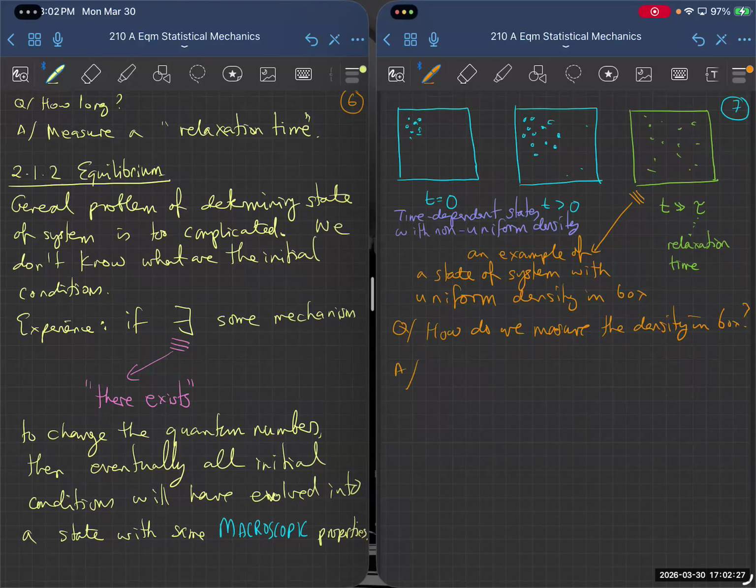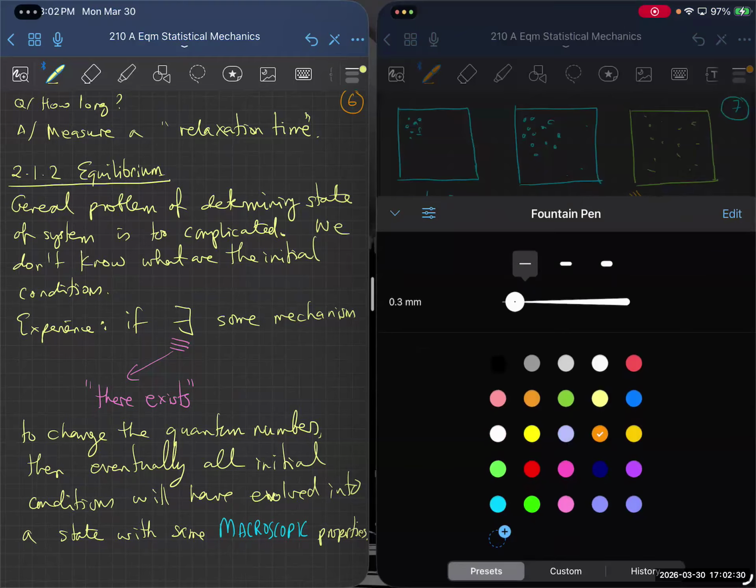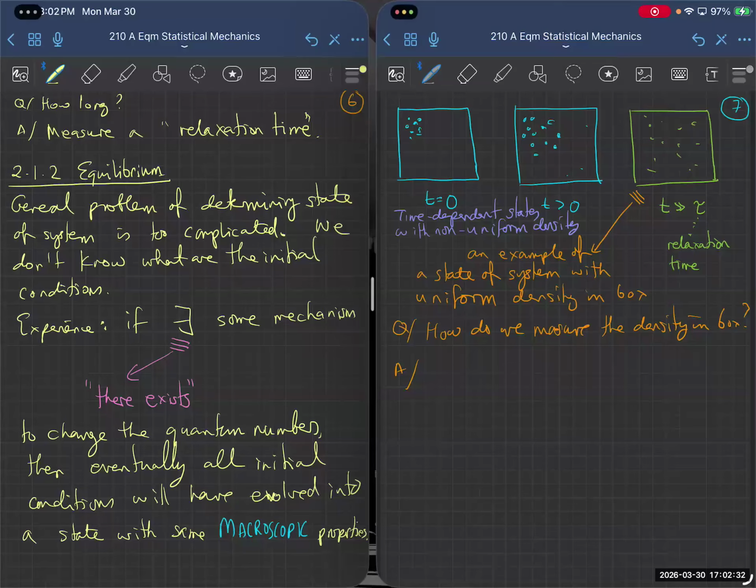So here's how we do it. We take our box, here's the size of my box. Box is size L, and I've got inside this box a bunch of particles doing something or other.